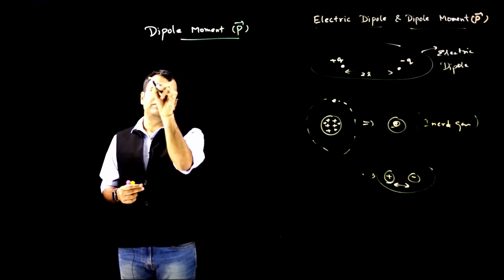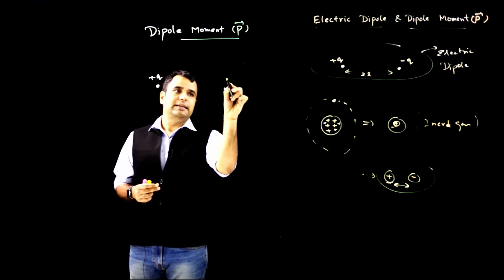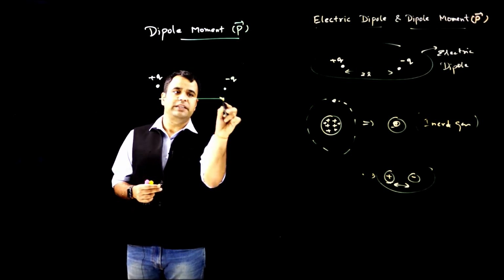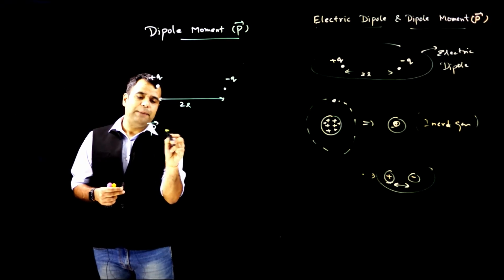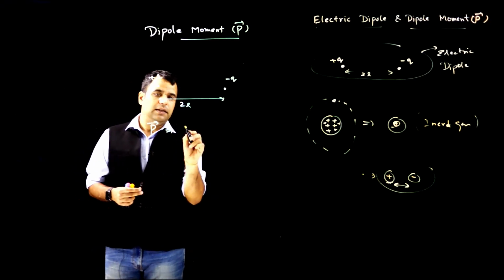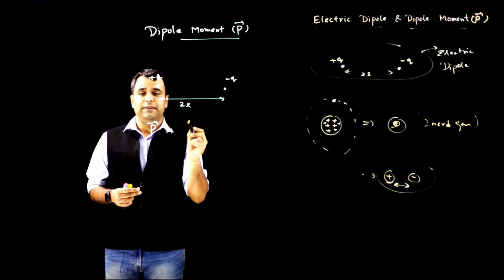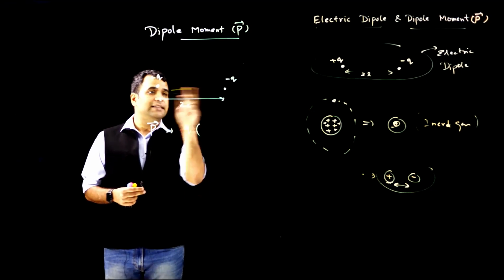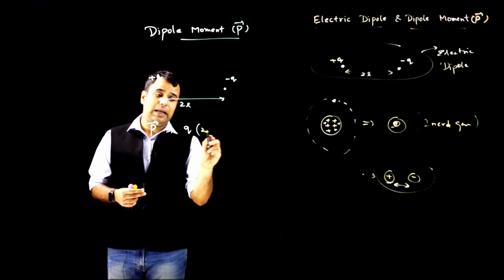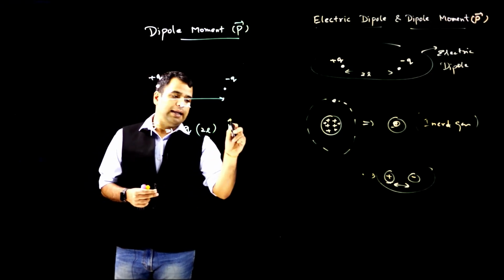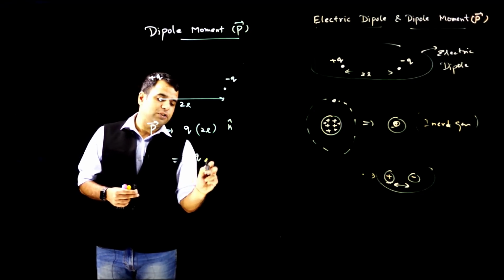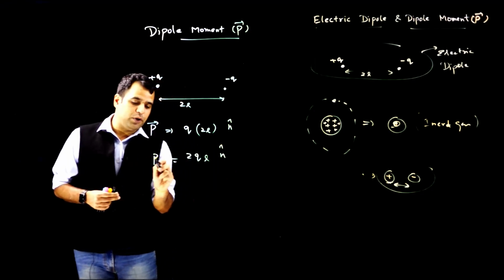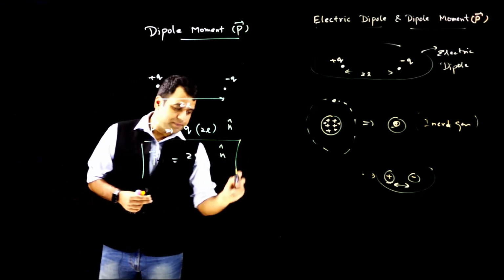When we have a positive charge as well as a negative charge, and the distance between these two is 2L, the dipole moment is defined as the magnitude of one charge multiplied by the distance between the two charges, 2L, times n cap. N cap defines the direction. So it will be 2QL n cap, that will be your dipole moment.